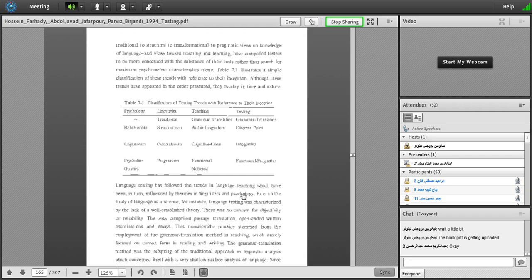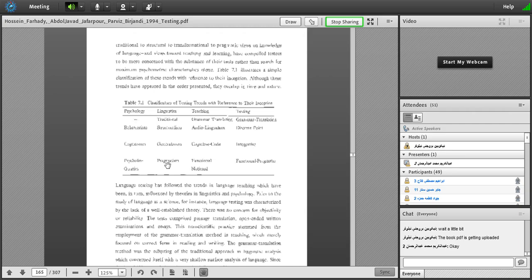And it's a really big difference between this approach and another one, which is integrative testing. These have a lot of skills in one question. For example, if the teacher gives them some audio to listen to and then gives them an essay to answer, here the teacher uses two skills, which is listening and writing.